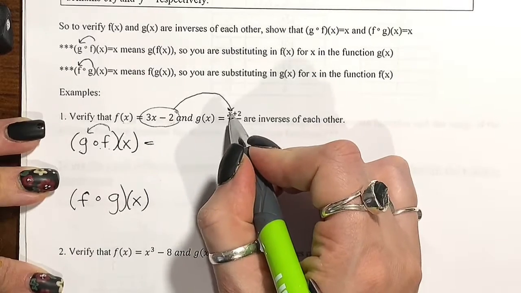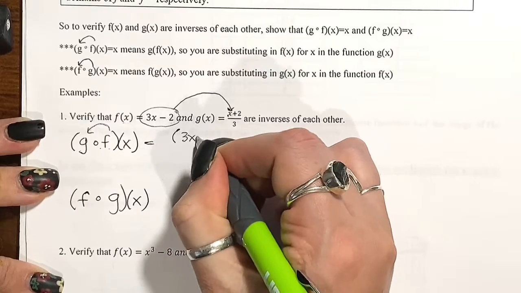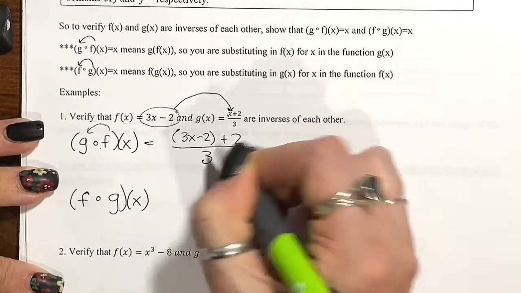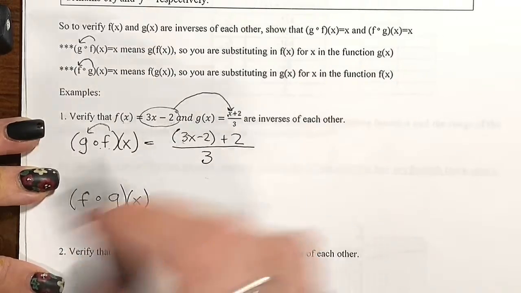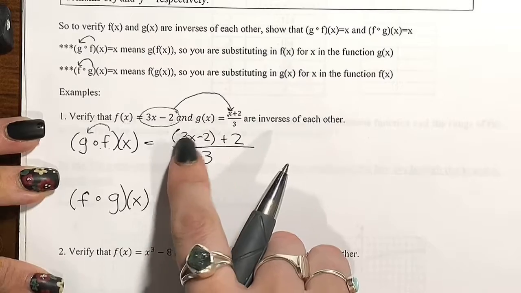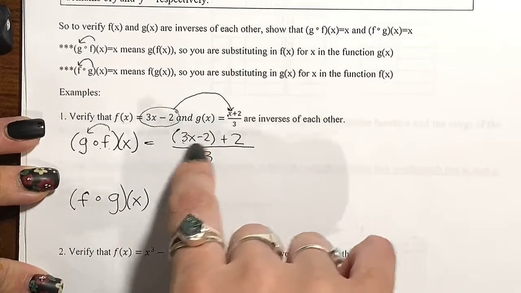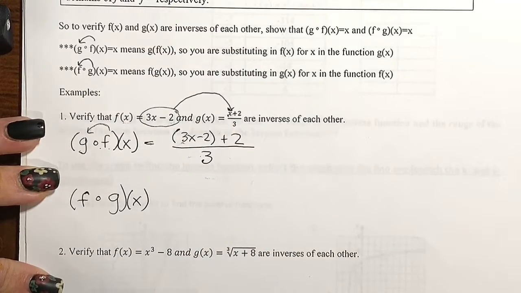So instead of x right here, I'm plugging this entire thing. So I'm going to plug in 3x minus 2 plus 2 over 3. You don't necessarily need the parentheses here, but if that visually helps you to see that you've put the entire f function into the entire g function, go ahead and do it.